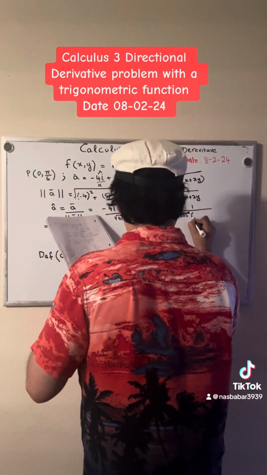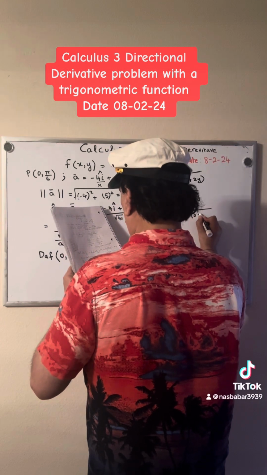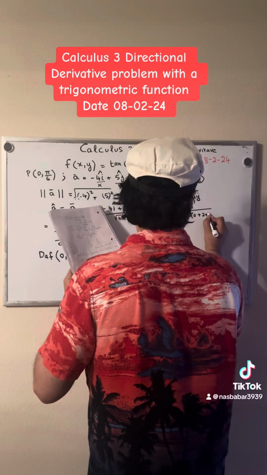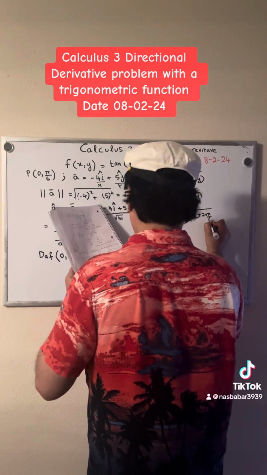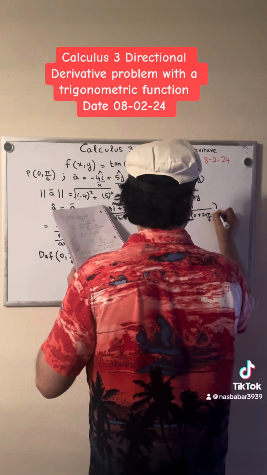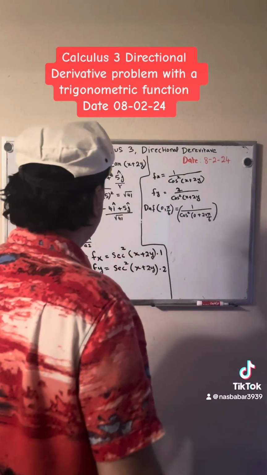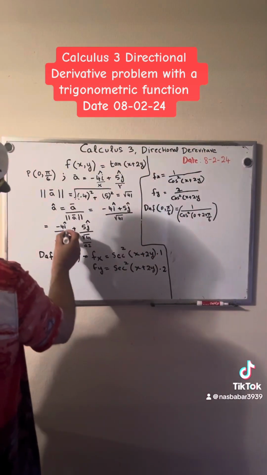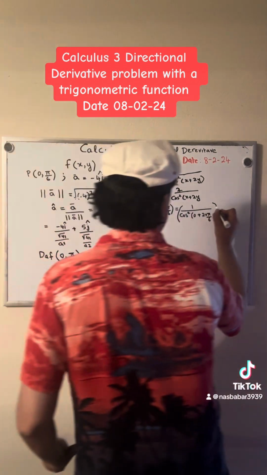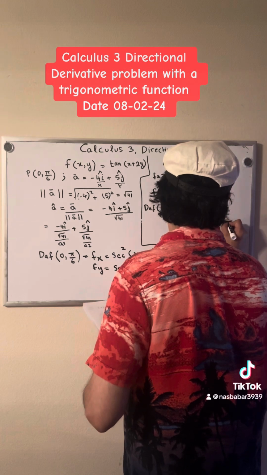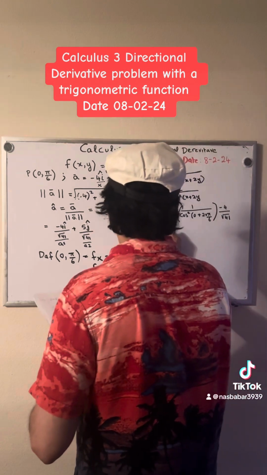So cosine squared of (0 + 2 times pi over 6). You have to multiply that by a1. What was the value of a1? Right here, minus 4 over the square root of 41.